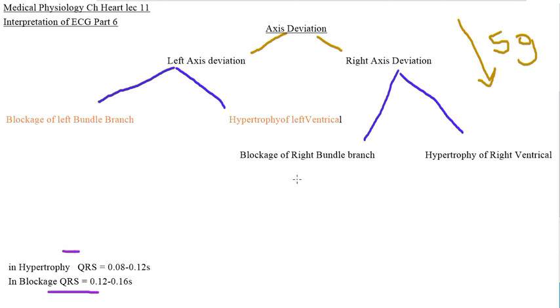If it is because of blockage of the right bundle branch, then the QRS prolongation will be more than 0.12 second, 0.14 second, maybe 0.15 second. The possible and major cause of hypertrophy of left and right ventricle is aortic or pulmonary valve stenosis. As you know, our heart consists of two ventricles, right ventricle and left ventricle.